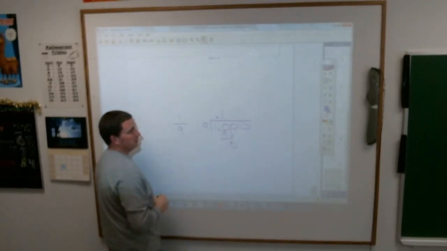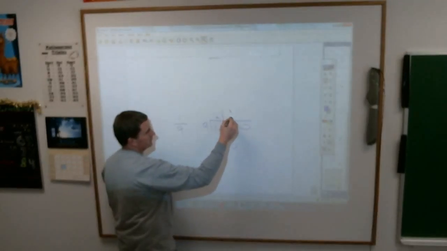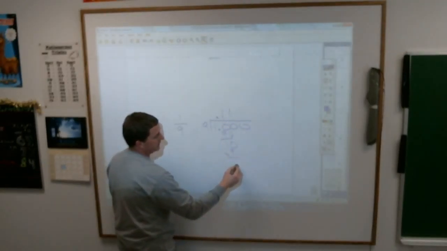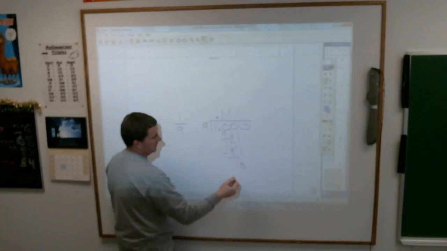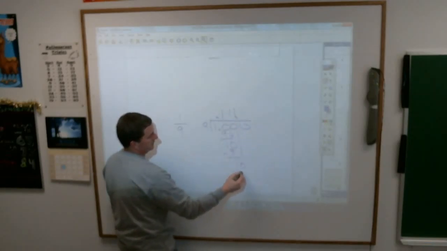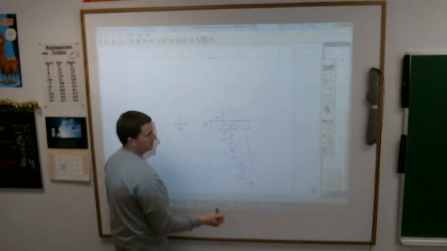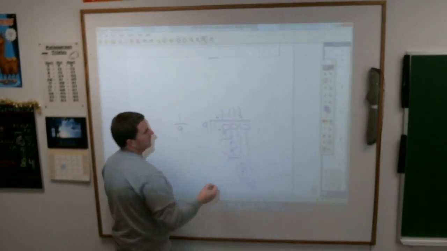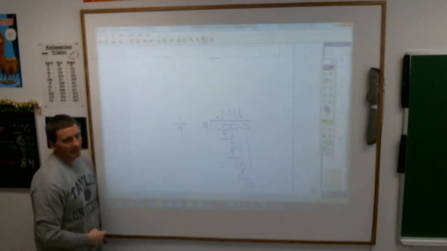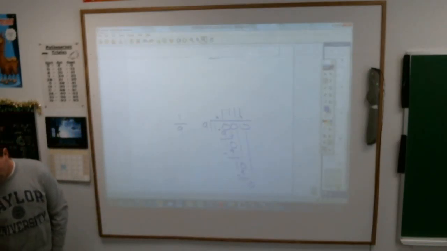How many times does 9 go into 10? Once. And you can see this problem has no end to it.